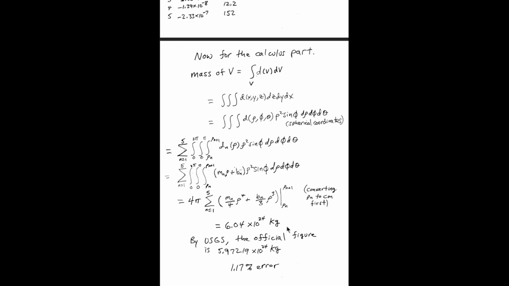And it was fun. We used a little bit of calculus here by integrating over the density function. And we did a little bit of numerical analysis by finding a linear interpolation of our density function. And it came out quite well, only a 1.17% error.